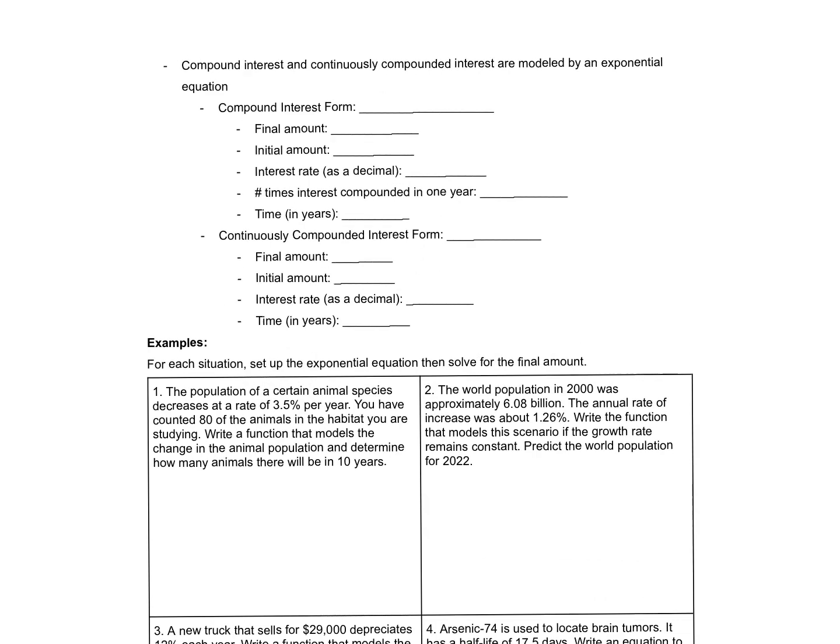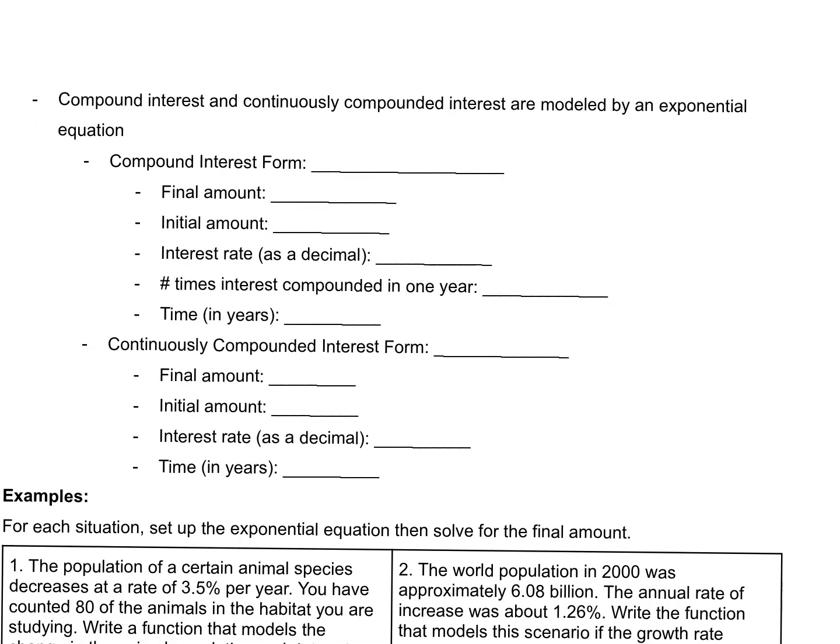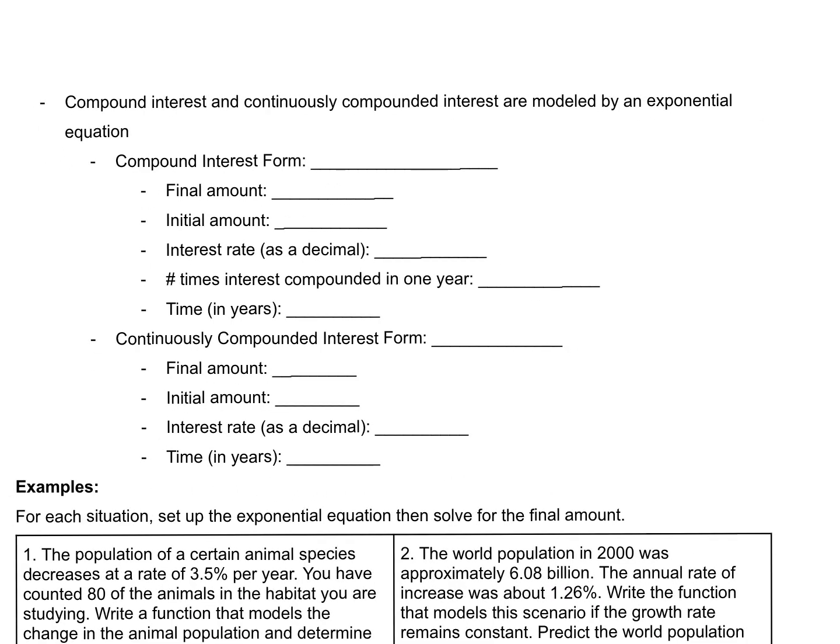The last one we're going to focus on is compound interest and continuously compounded interest. Compound interest is modeled by the equation A equals P times (1 plus r over n) to the nt.